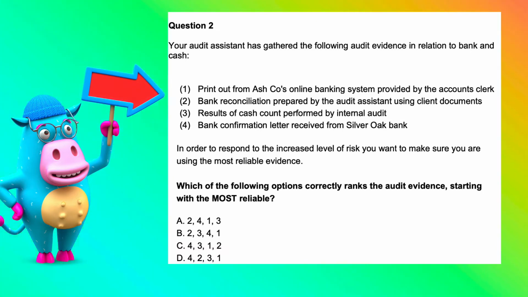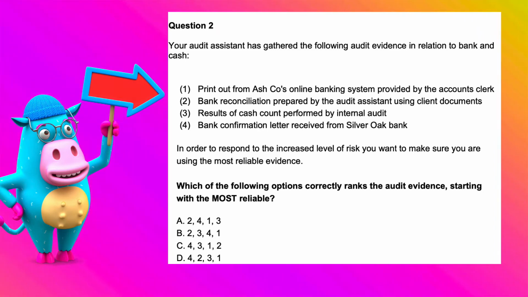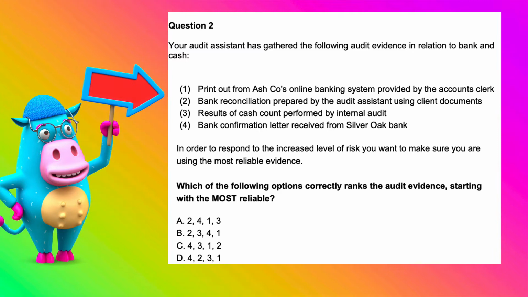So they've just given us a printout of the online banking system provided by them. They could have done anything to it, so it's not that great, is it? Number two, a bank reconciliation prepared by the audit assistant using client documents. Again, very internal, but it's prepared by us though, and it's just internal because it's using client documents, but that's not bad because it's prepared by us.